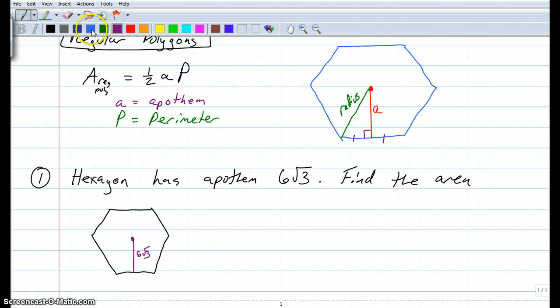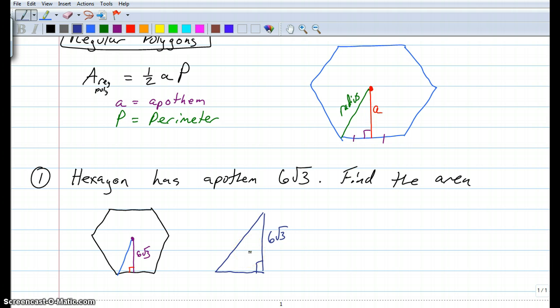And if we draw that radius, I'm going to focus in on this triangle right here, this right triangle that we made. As I said before, this was going to be useful. I'm going to blow up that triangle so it looks like this, where the apothem is 6√3. And there it is.